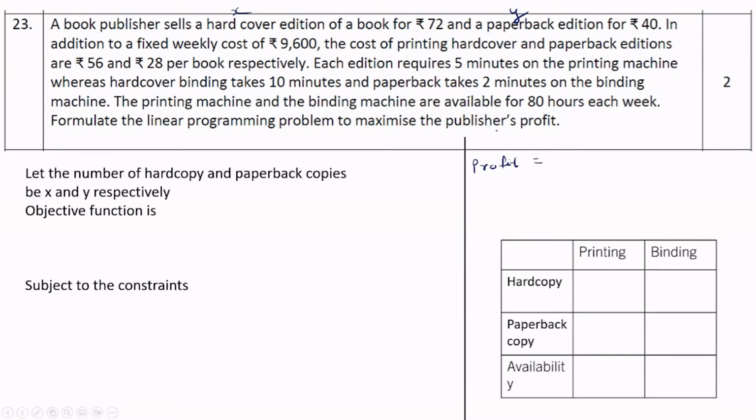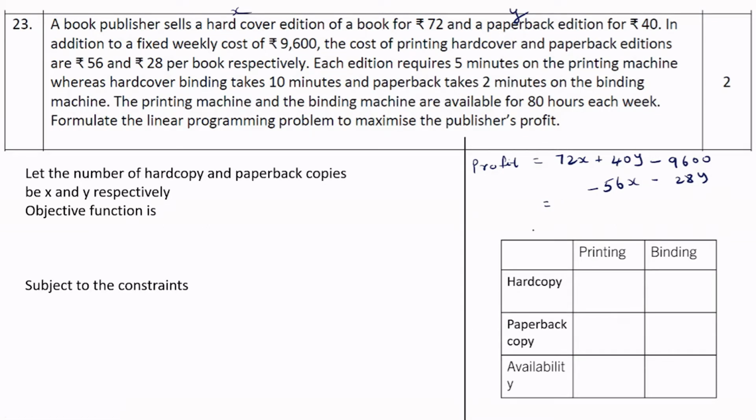So the revenue for X hardcover books will be 72X and for Y paperback books will be 40Y. And then the fixed cost is 9,600. So minus 9,600 minus the cost of printing hardcover, it is rupees 56 per book. So 56X minus the cost of printing paperback edition is 28 per book. So it is 28Y. So this, when we simplify, we will get the profit.